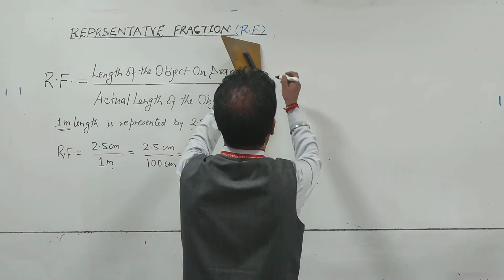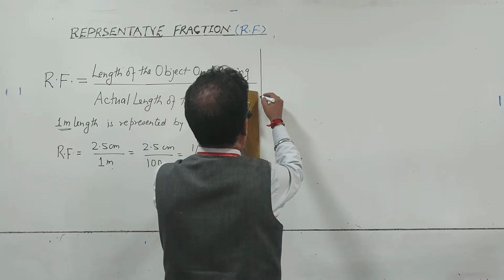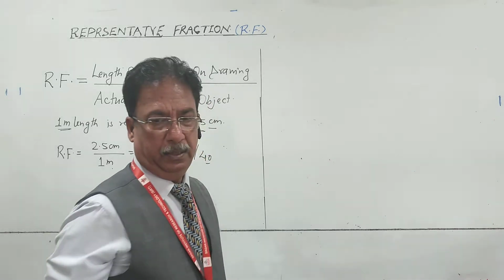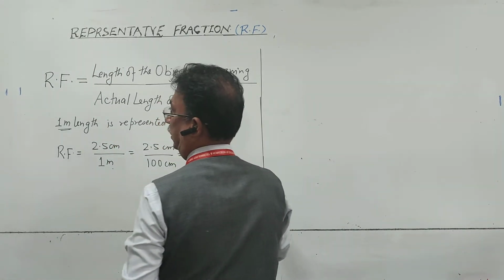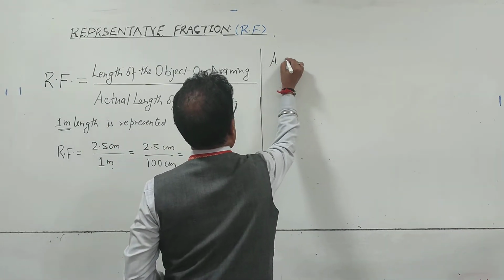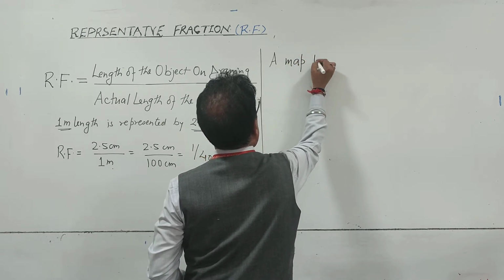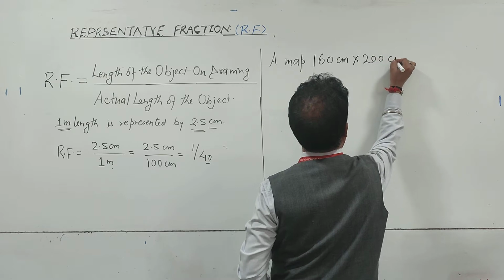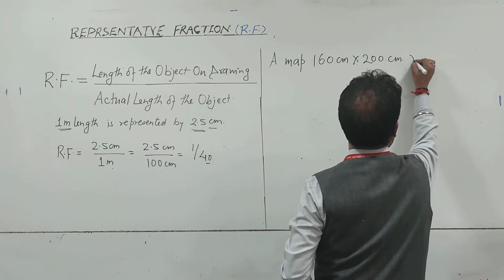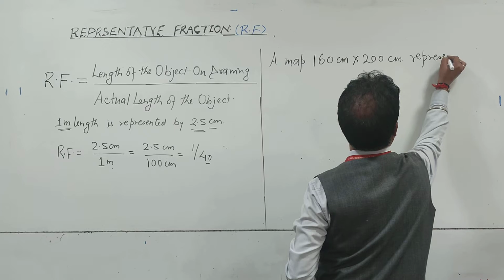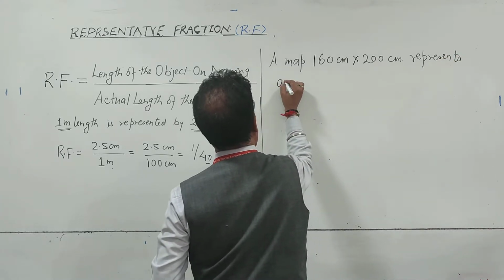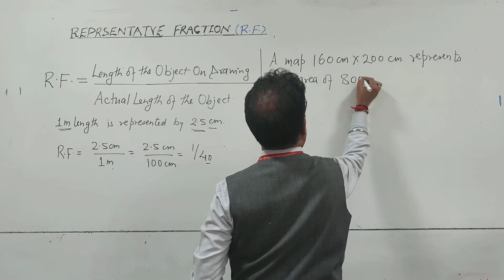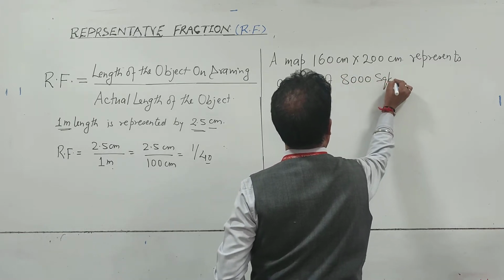Suppose the proportion is given like this: a map of 160 centimeter into 200 centimeter represents an area of 8,000 square kilometer.